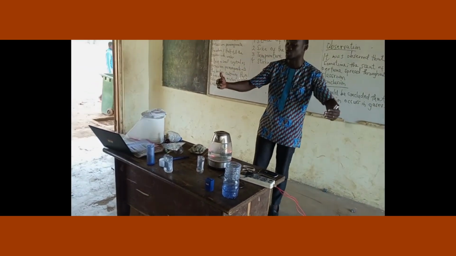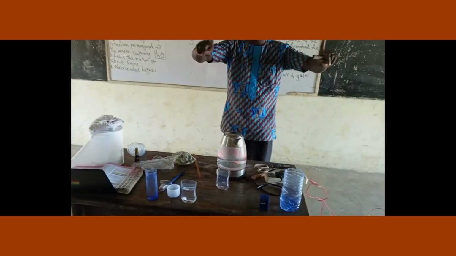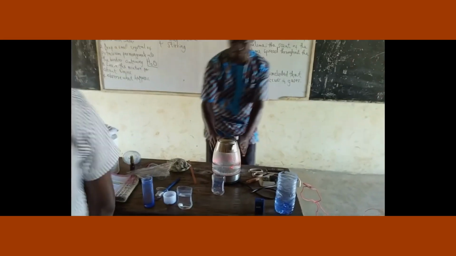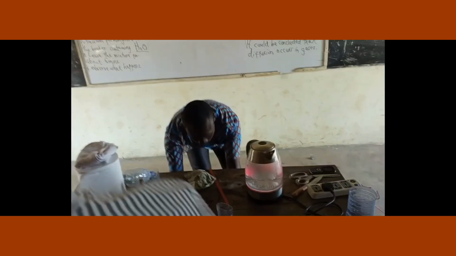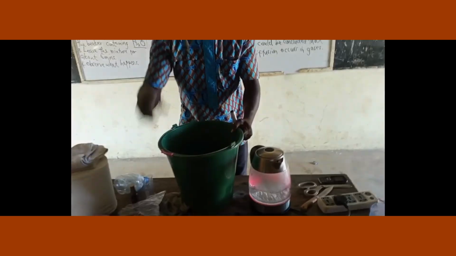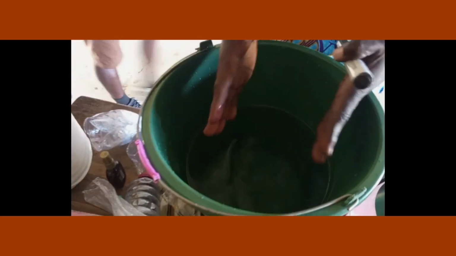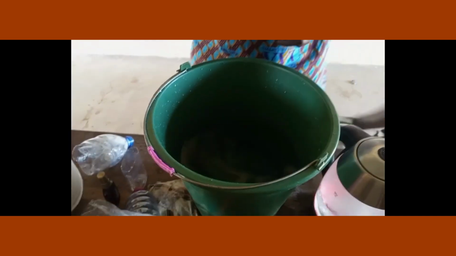Please, all of you come around so that we can have a picture. So, even if I pour the cold one in, let's look at the quantity of water I have. Please, you can capture this one. You see the quantity of water we have here, and the naphthalene ball in it. And look at the quantity of water here.